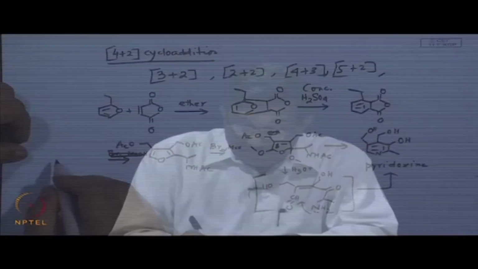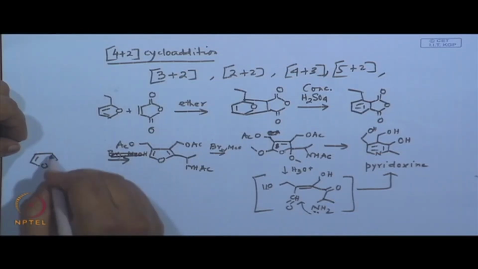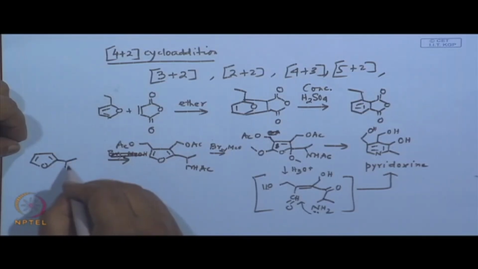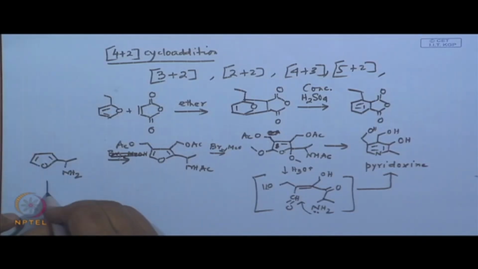Very similar to that, you take the furan, and here the amine is well known. If you react this with, we sometimes call it DEAD, diethyl acetylene dicarboxylate, what does it tell you?